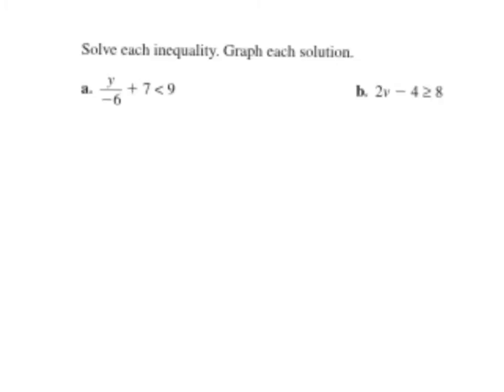So solve each inequality, graph the solution. And so what we're talking about here today is multi-step equations. And the big thing to remember about multiple step equations is that we do order of operations, Please Excuse My Dear Aunt Sally, except we do them in the opposite direction. So we're looking for addition or subtraction first.